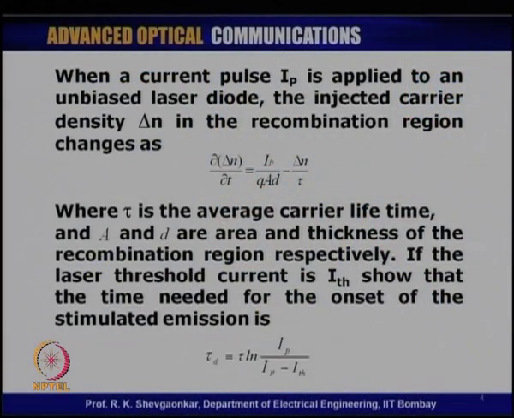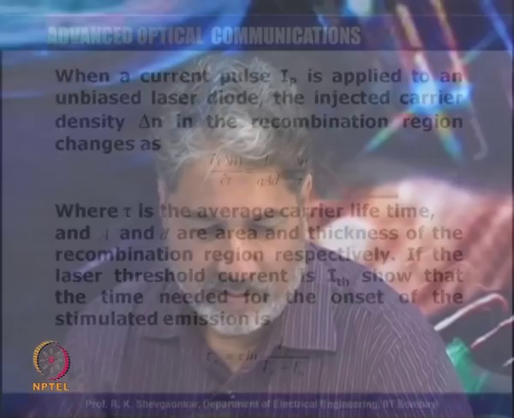It is asked that if the laser threshold current is I threshold, show that the time needed for the onset of the stimulated emission is given by the expression tau d equal to tau ln IP divided by IP minus I threshold. So, this problem is essentially related to solving the differential equation which governs the excess carriers in the recombination region.